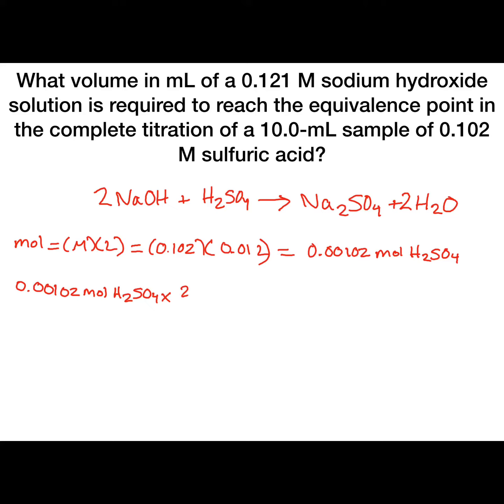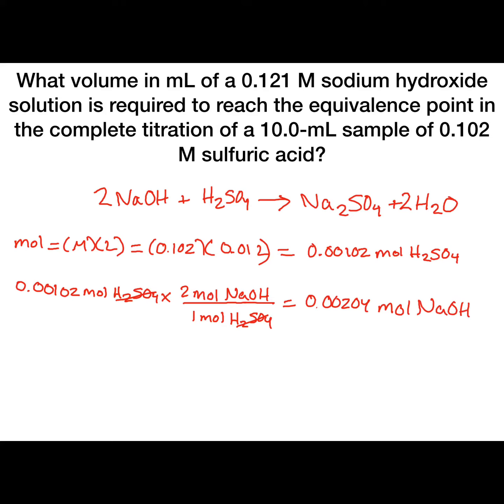So we have 2 moles of our sodium hydroxide over our 1 mole of sulfuric acid. So when we do 0.00102 times 2, we get 0.00204 moles of our sodium hydroxide.